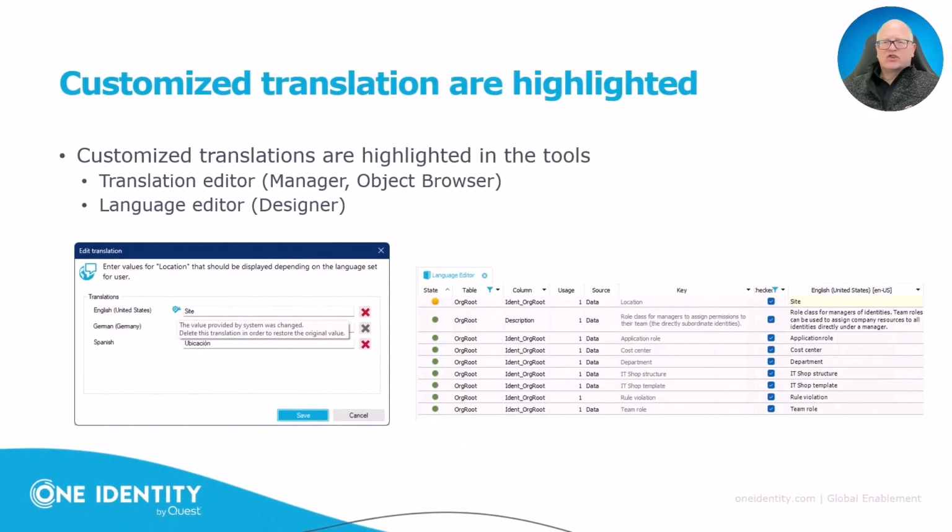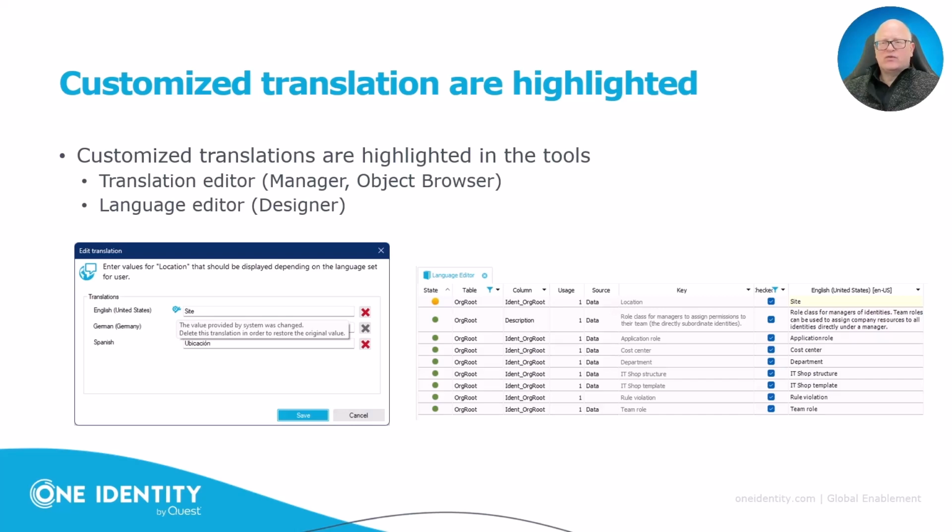Another very nice feature, I like to say, is that customized translations are now highlighted. The problem here is that pretty often, if you look into a list or in the designer or something else, there are translations inserted, but it is not quite clear if this translation is there because it is implemented out of the box or because somebody added it custom.